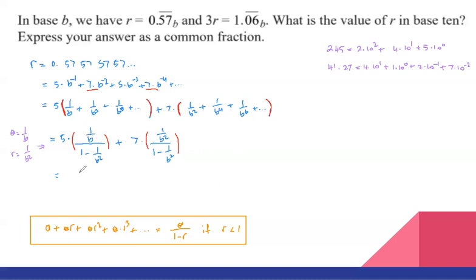Since we are dividing two fractions, 5 over b times the reciprocal of the denominator, that will be b squared over b squared minus 1, and then 7 over b squared times, since the denominator is the same, b squared over b squared minus 1. So these will cancel, and one of these b's will cancel. And then that is 5b plus 7 over b squared minus 1.